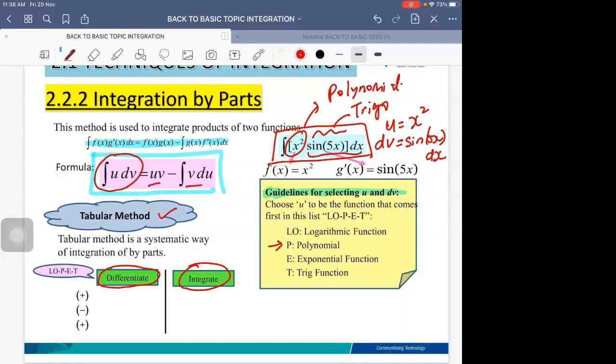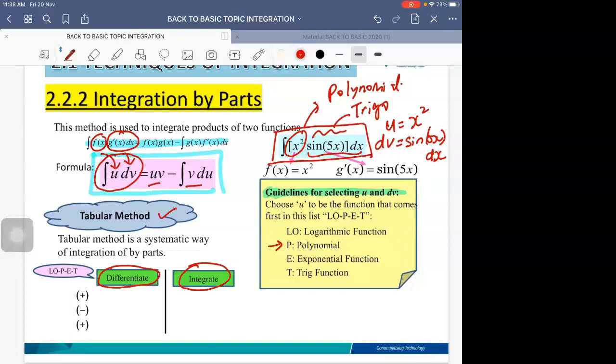This is the selection of u, with g prime x dx as your dv. So in this example, polynomial becomes your u. Okay, LPET.